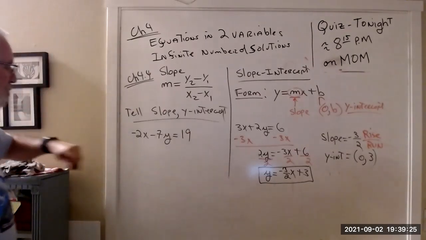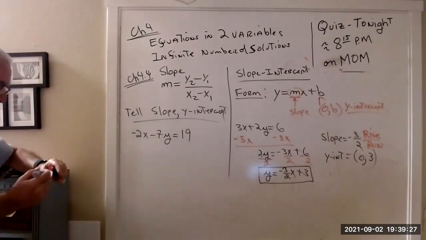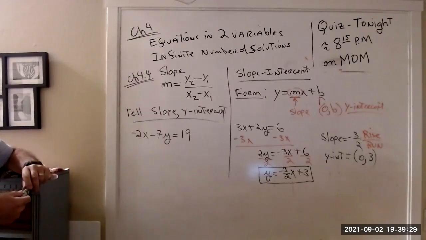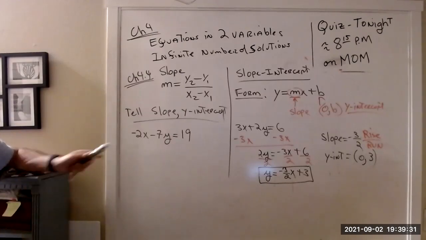Negative 2x minus 7y equals 19. Tell me the slope and the y-intercept for this equation.